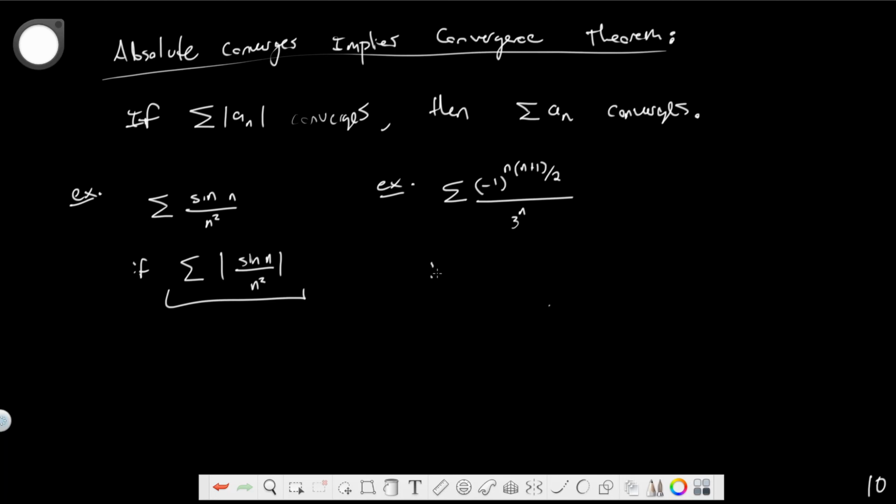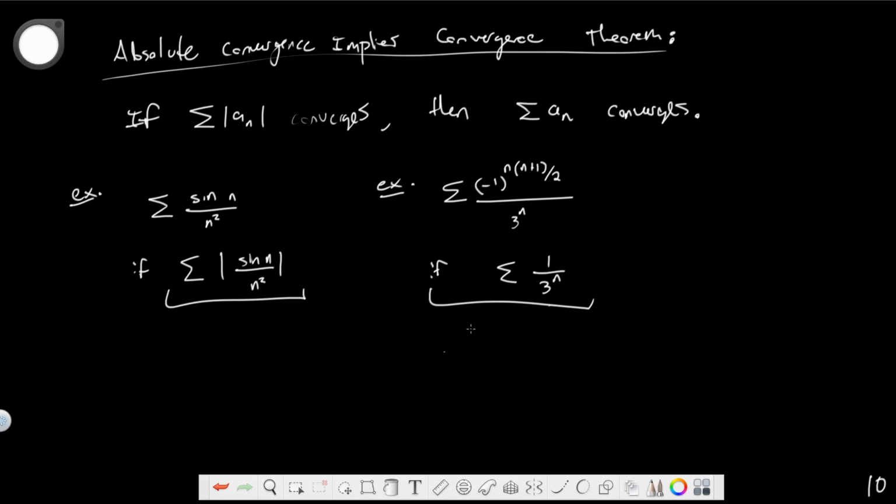But if the absolute value of this thing converges, and the absolute value of the numerator is just 1, if the absolute value of this previous series converges, then the original one must converge. So this is the power of this new theorem. Absolute convergence implies convergence theorem.